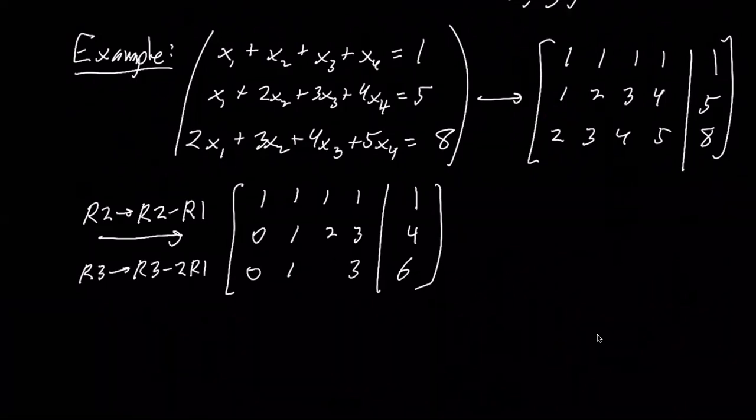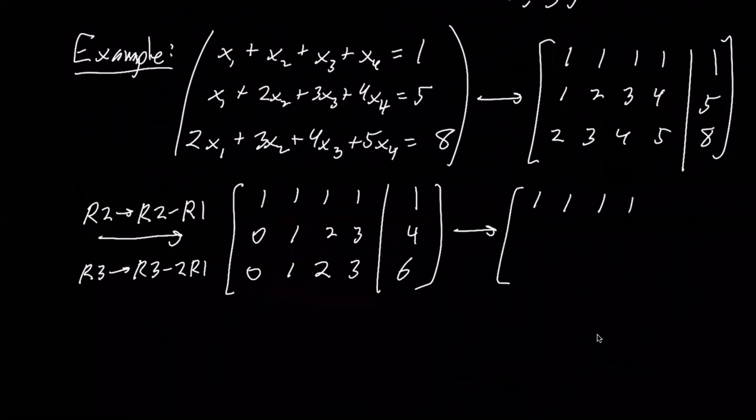So notice the second and third row now look very similar, except the 6 and the 4. If we do the next step, try to make this a 0 right here, we subtract the second row from the third row and make that the new third row.